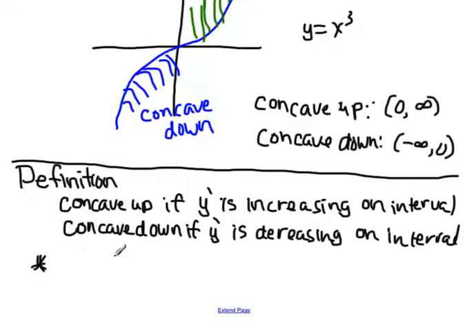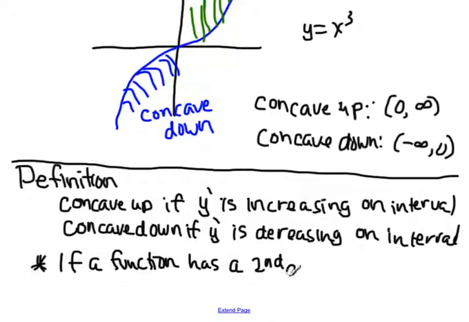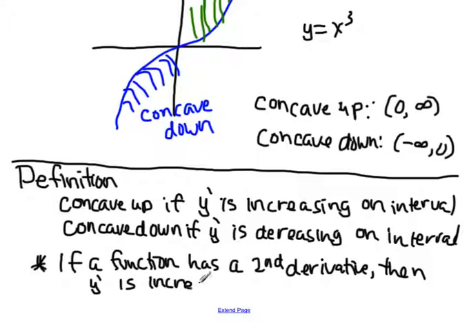If a function has a second derivative, then we can say that y prime is increasing if y double prime is greater than 0.